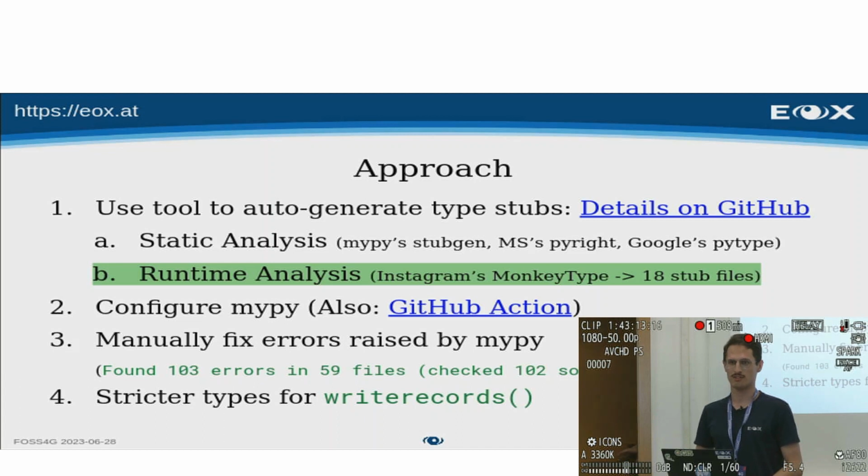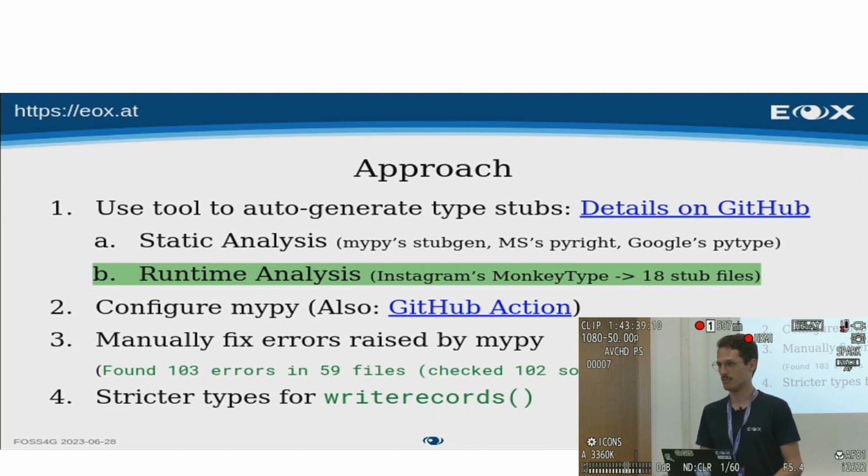So it runs the code, it compares all the types, all the objects that are used in the Python code, and then generates type annotation files from that. And it was much more reliable than the static analysis that other tools do. We used the PyTest test suite for that. So MonkeyType runs the tests of Fiona and then finds out the object types that are used in the code.